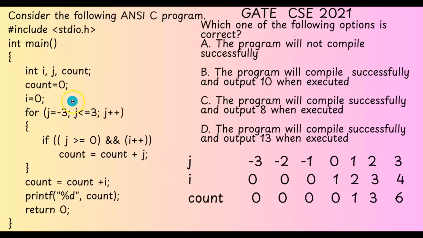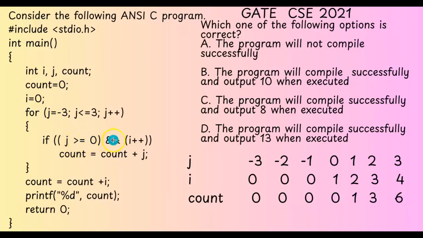What is the initial value of count? 0. The initial value of I is also 0. That is what is given here. The J value starts from -3 and goes up to 3 by incrementing 1 each time. Initially J is equal to -3. This condition becomes false.